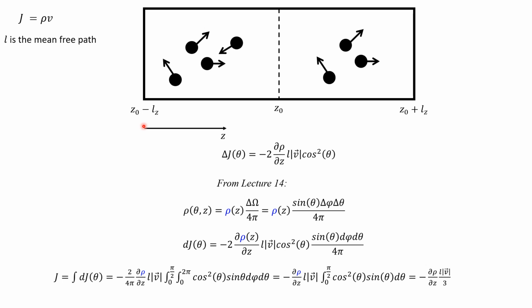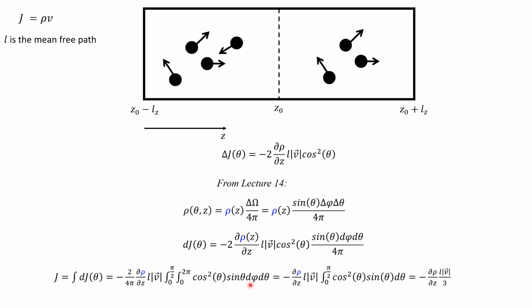And if theta is higher than pi over 2, then the velocity is pointing in the opposite direction. So particles having velocities with angle theta larger than pi over 2 are propagating in the wrong direction, and they do not contribute to the current at z0. So the angle theta, we can integrate only between 0 and pi over 2, because above pi over 2 the particles are propagating in the opposite direction, so they do not contribute.